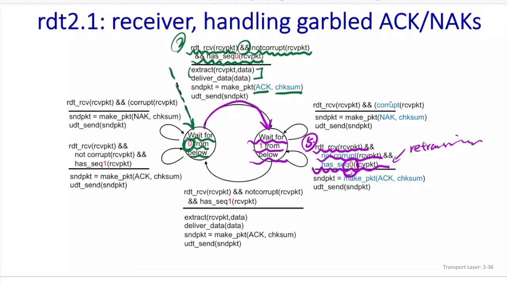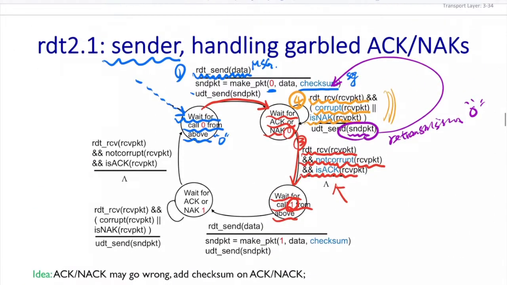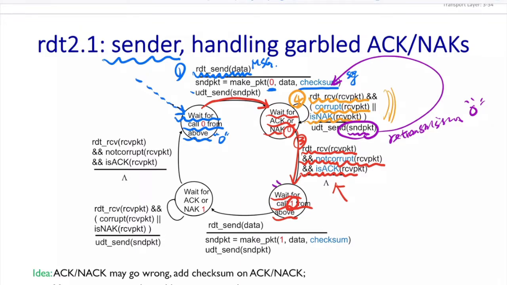The only thing you need to do is to send an ACK and the corresponding checksum again back to the sender, to ask the sender to move on to sequence number 1.